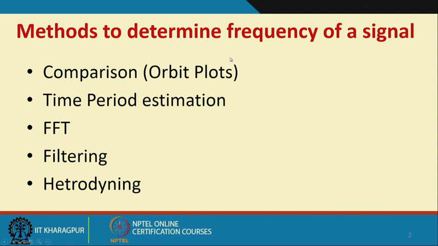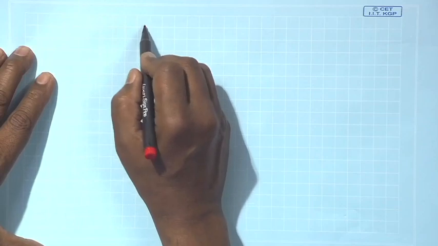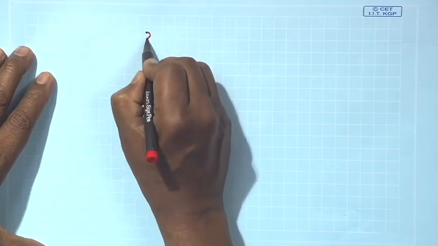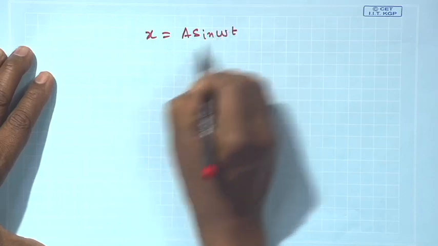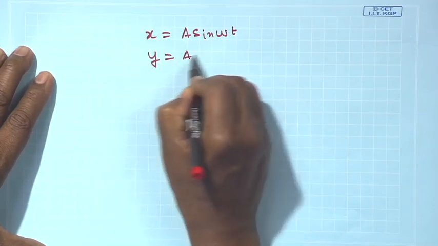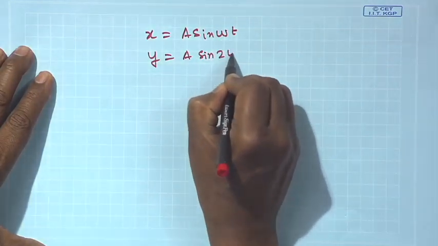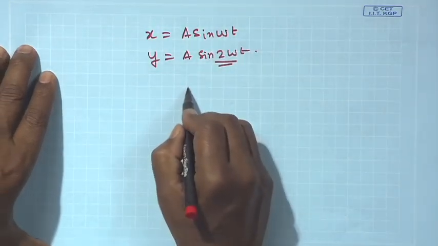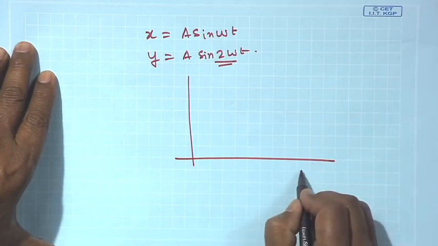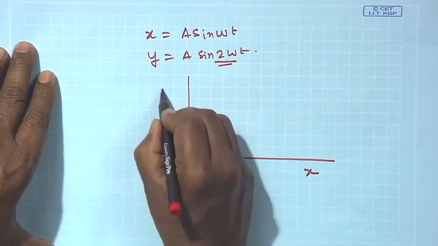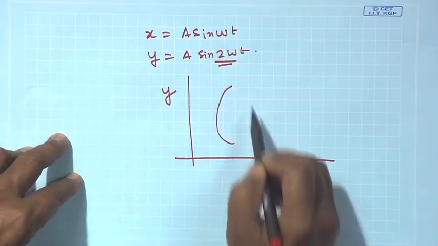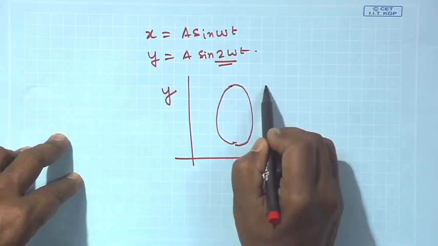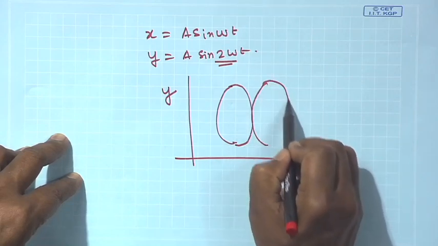You would have seen, if I compare a known signal, say for example, x is equal to a sin omega t and y is equal to a sin 2 omega t, okay, and if I plot x versus y, we will see that there will be lobes and so on.